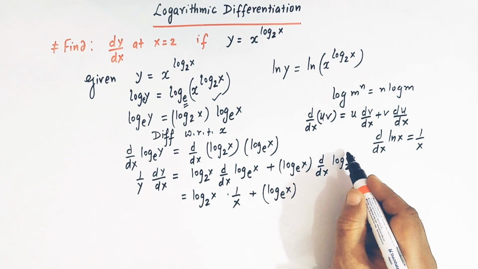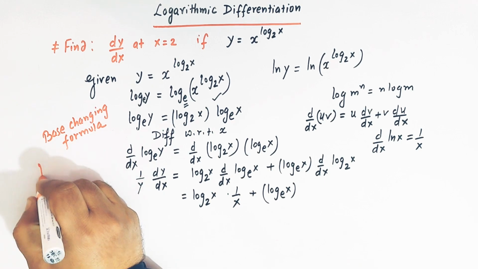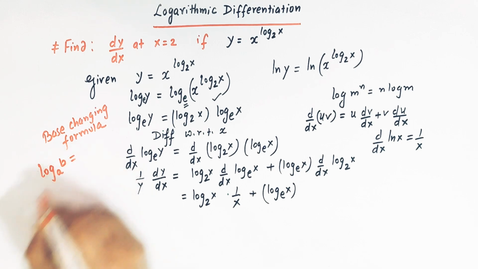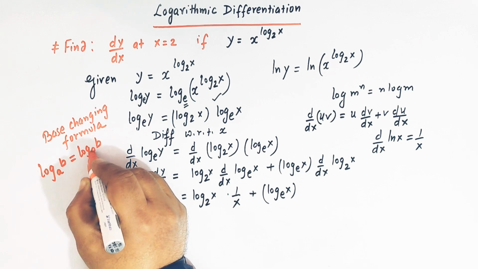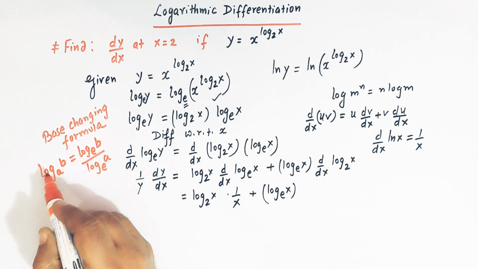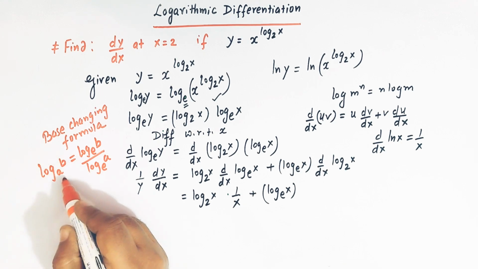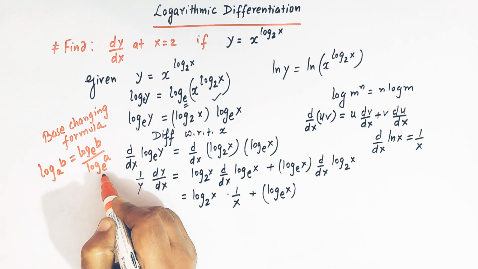So here we make use of the base changing formula. The base changing formula goes like this: log of b to the base a is equal to log of b to the base e divided by log of a to the base e. So when we have log of b to the base a, we can change the base to the exponential number e by writing log of b to the base e over log of a to the base e.